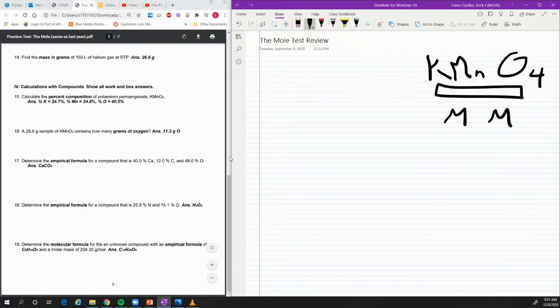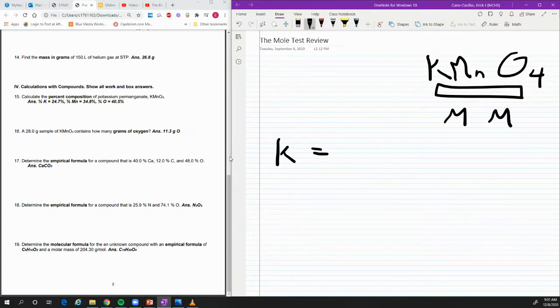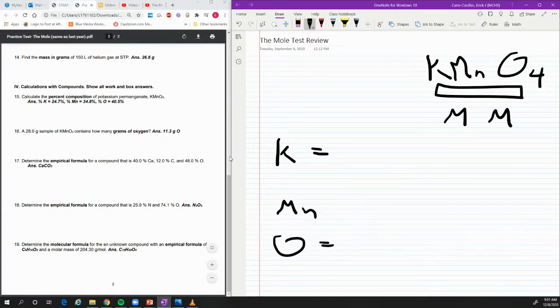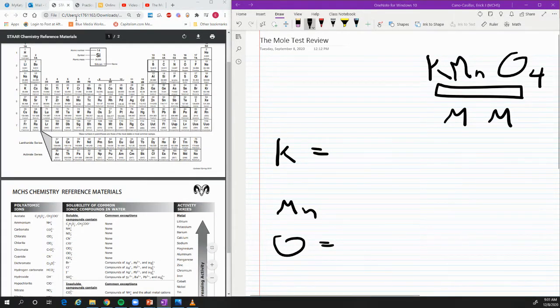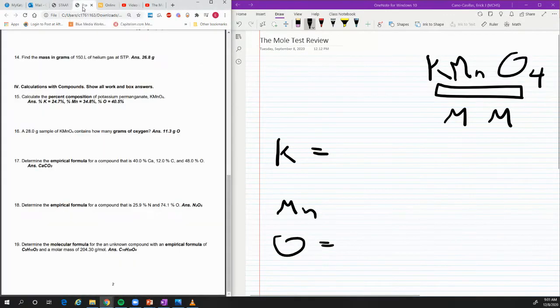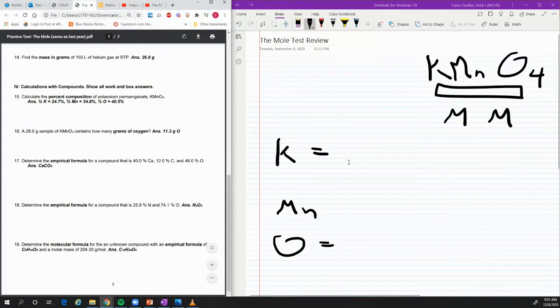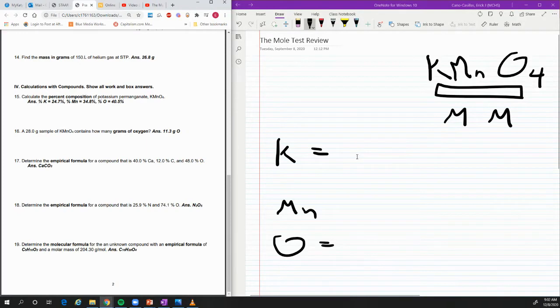We need to figure out how much K weighs, how much Mn weighs, and how much oxygen weighs. So we're going to look at our periodic table. I already have one here, so I'm going to do that just to be quick. Once you do, you find out that potassium weighs 39, Mn weighs 55, and oxygen weighs 16.